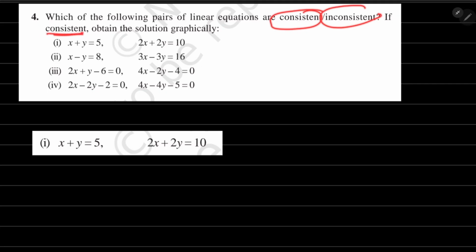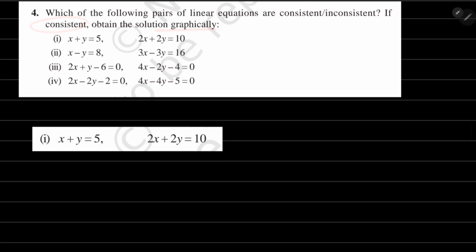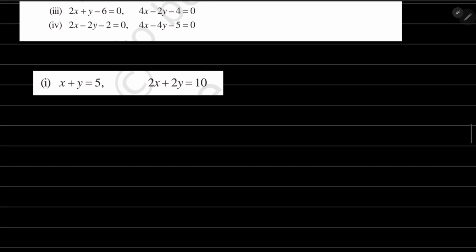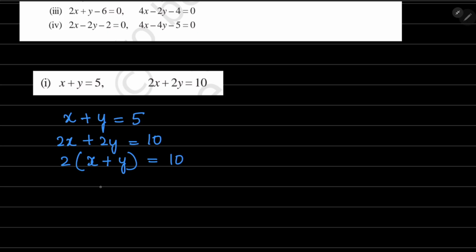If we find that the system is consistent, you have to obtain the solution graphically. So what is the first one? x plus y equal to 5. And the second one, 2x plus 2y equal to 10. If you take 2 common out, what do you get? x plus y equal to 10 divided by 2, which is 5. So both the lines are the same.